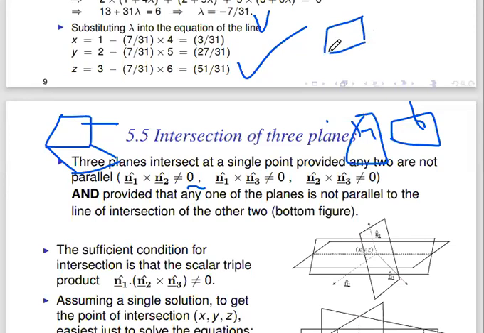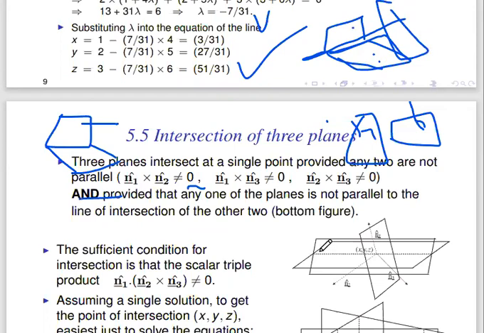That means they intersect at a straight line like this. Like that, you can check n1, n2, n1, n3, n2, n3. If you pick one, this one is not parallel with this, and this one is not parallel with that, right?